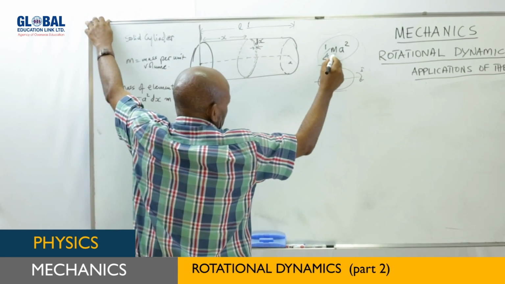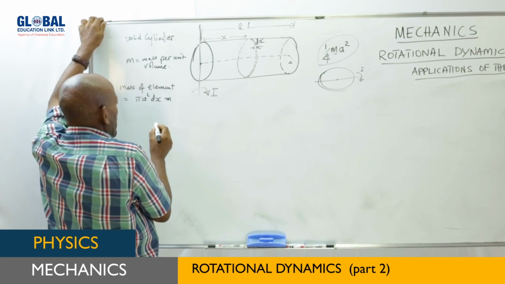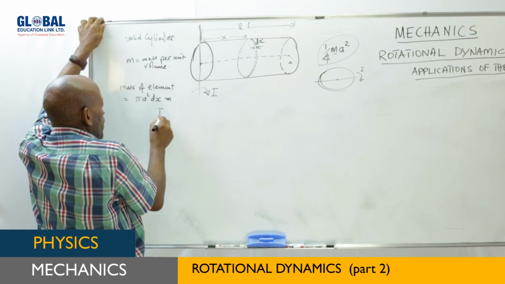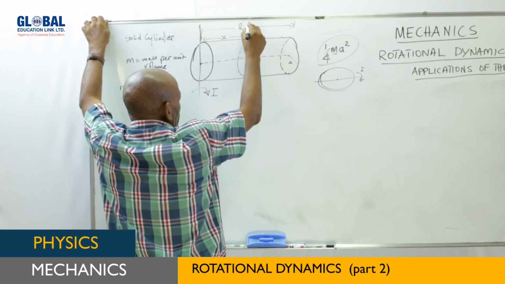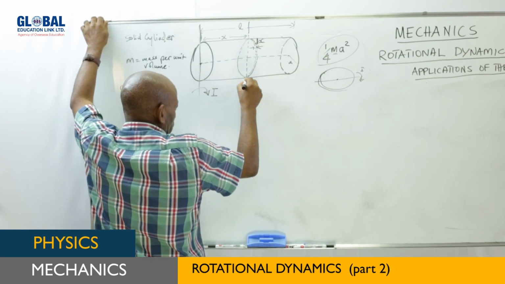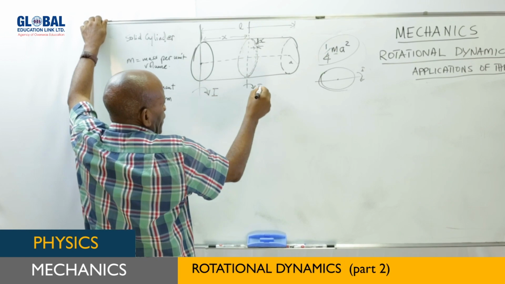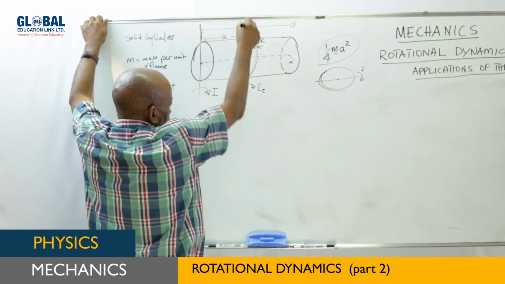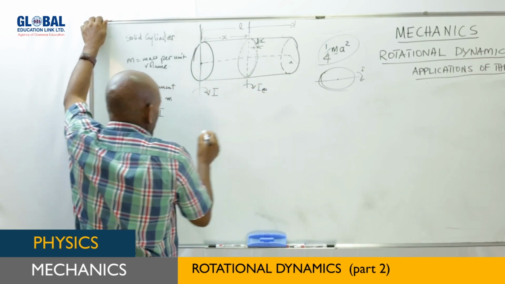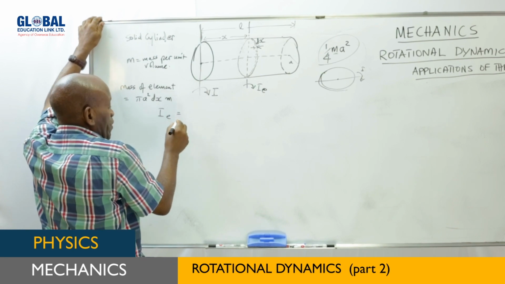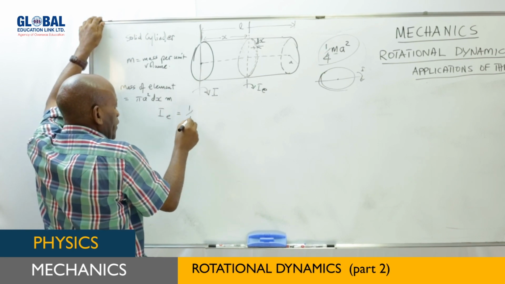Where the mass here is the mass of an element, which is equal to this much. So if I'm talking about the moment of inertia through an axis of this particular body, the moment of inertia of this particular element rotated about this axis, let me call it I_E, will just be equal to a quarter of the mass.